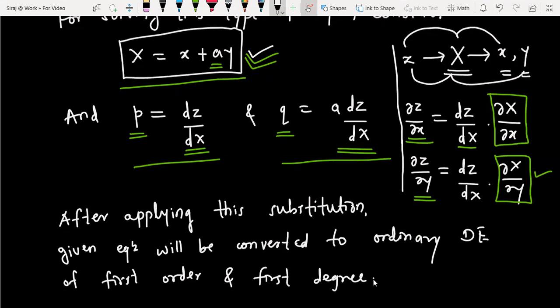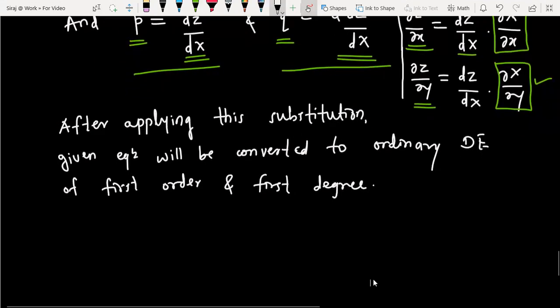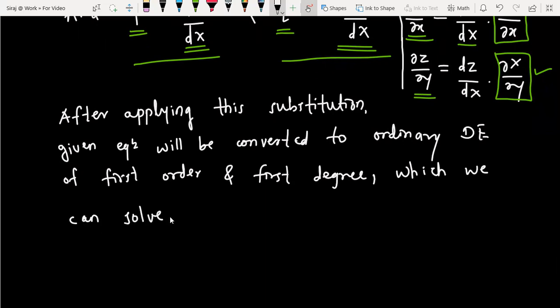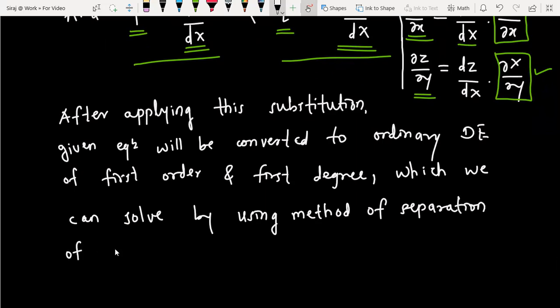So compulsorily, after applying this substitution, the given partial differential equation will be converted to an ordinary differential equation of first order and first degree, which we can solve by using the method of separation of variables, which you already know. Now we will take a problem.